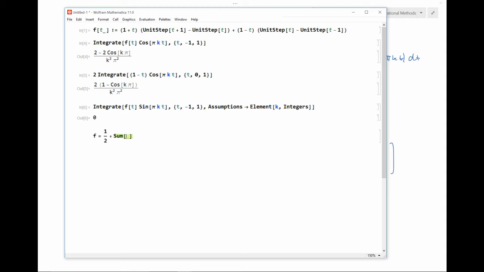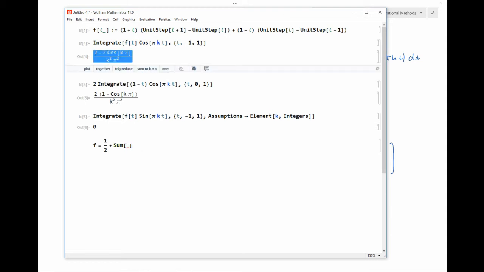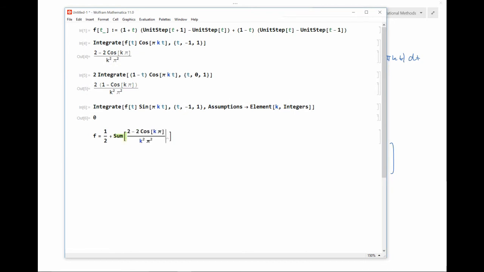The coefficient is this, times cosine of pi kt, and let's add k from 1 to, I don't know, 10 terms. And let's plot f from -1 to 1.